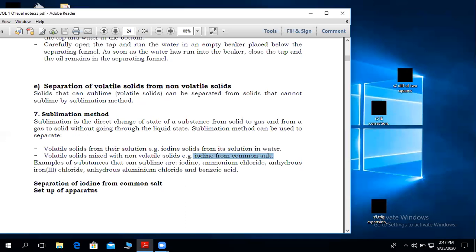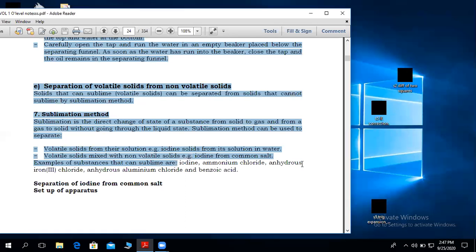So examples of substances that can sublime are, we have iodine, we have ammonium chloride, we have anhydrous iron 3 chloride, and anhydrous aluminium chloride, and benzoic acid. But the common ones that you must know are these first three. Please, these first three, have them in your head.